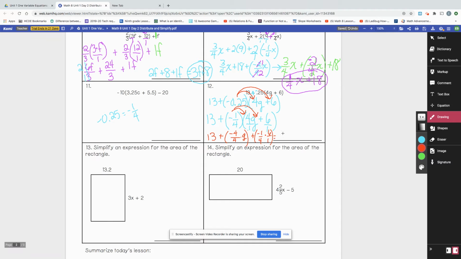So, simplifying, 13 plus this negative 4 divided by 4 times g. This simplifies by division to negative 1 times g. Then finally, I have a negative 1 times 6, which is negative 6 divided by positive 4.